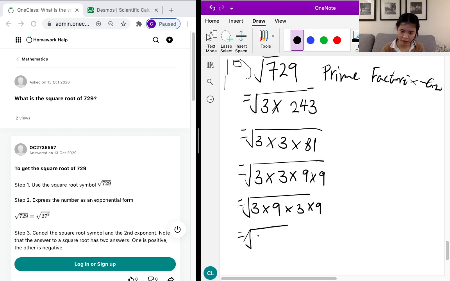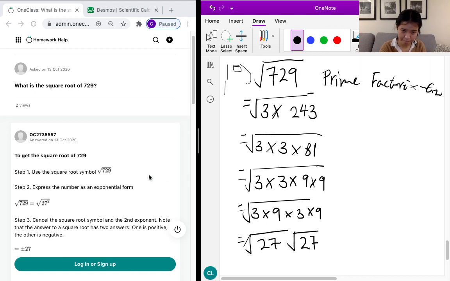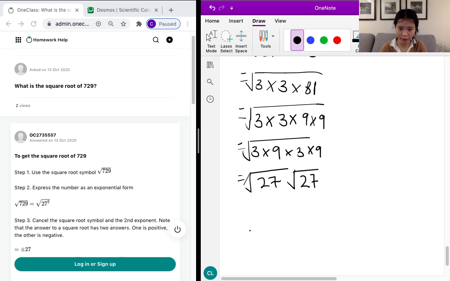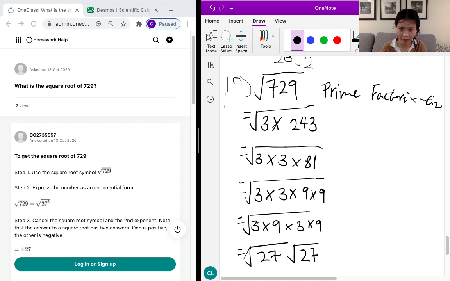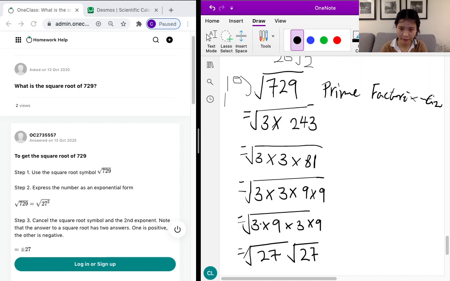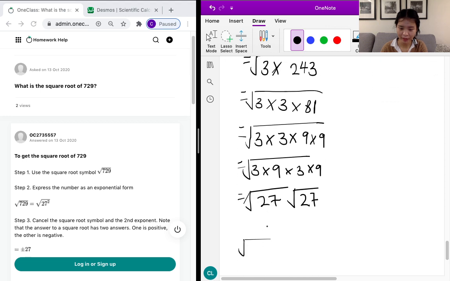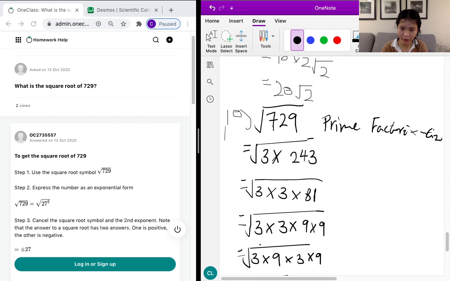the square root of 27 multiplied by the square root of 27. And we know that if we multiply the square root of 27 with the square root of 27, it will be the square root of 729.